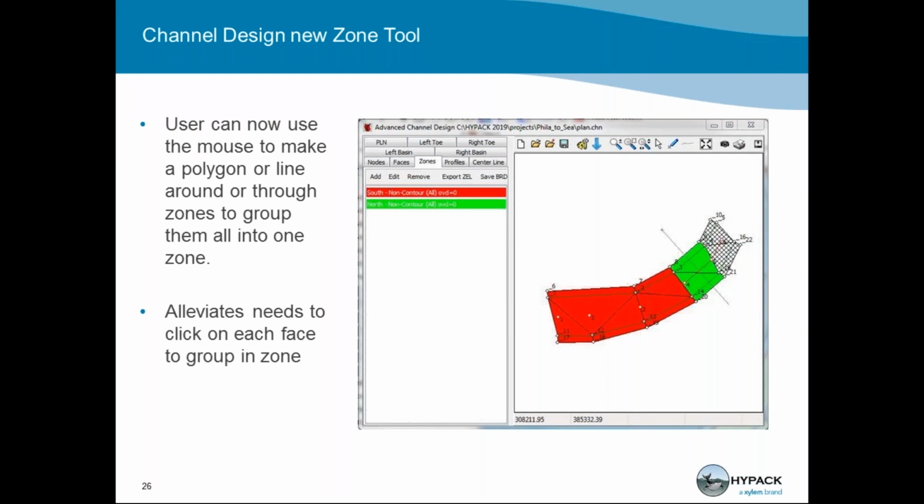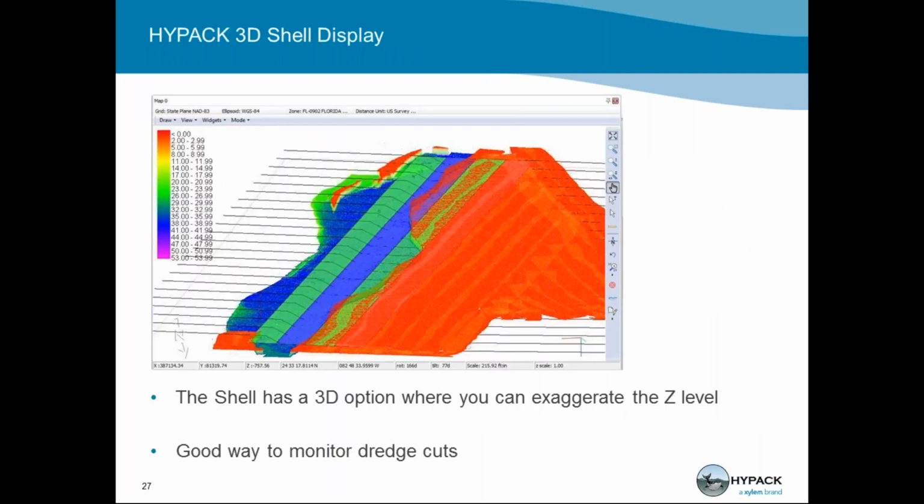So in the Advanced Channel Design program, you have a blue pin with an X. It's up by the default arrow in the zoom extent. When using this, you can make polygons around the faces, or you can strike through the faces, and it will group those faces that it bisects into each zone.